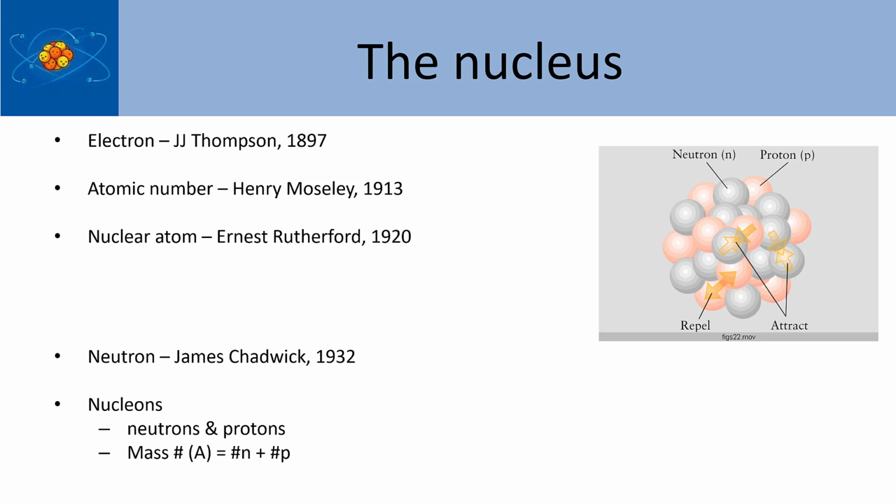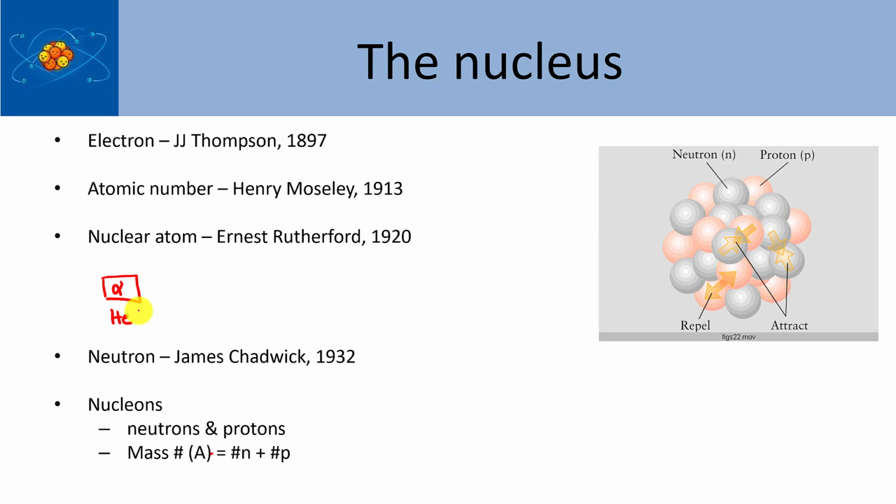So in Rutherford's gold foil experiment, he had an alpha particle source. Alpha particles are actually helium nuclei that are a result of nuclear decay of heavier atoms, heavier isotopes.